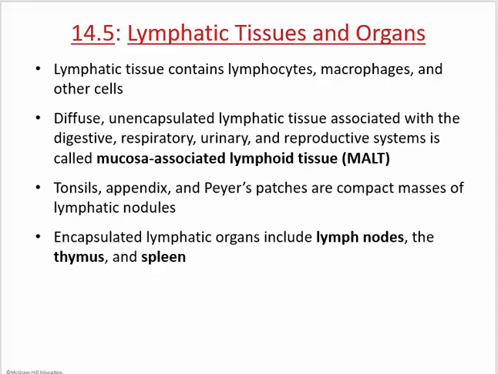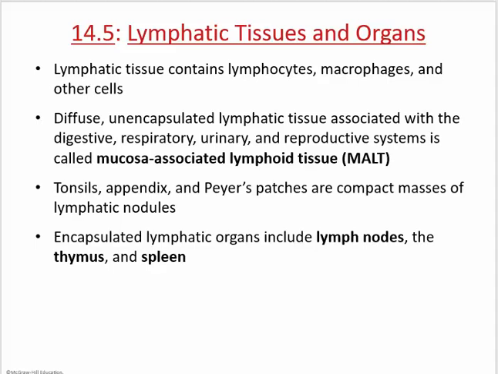So we find it almost everywhere in the body. Some of it is just diffusely spread throughout other connective tissues, like areolar connective tissue. There will be little areas diffusely spread through that. And we tend to find this along points of entry into the body. So like along the mucosa of the digestive system, of the respiratory system, of the urinary system, of the reproductive system.